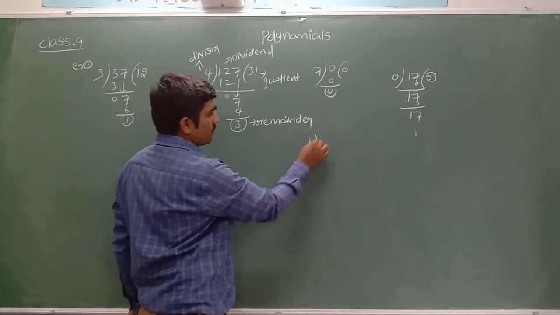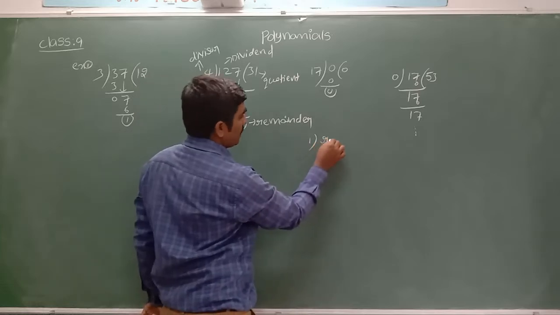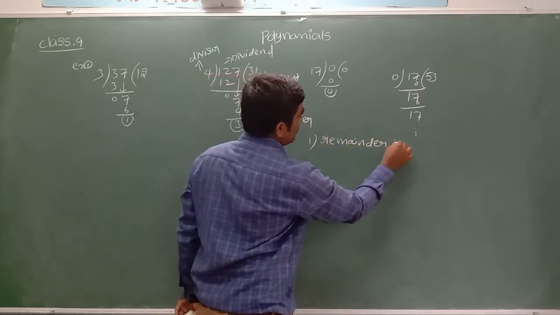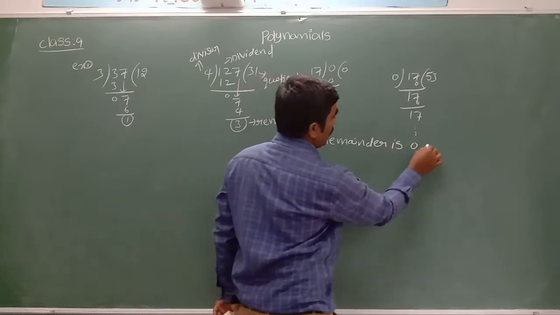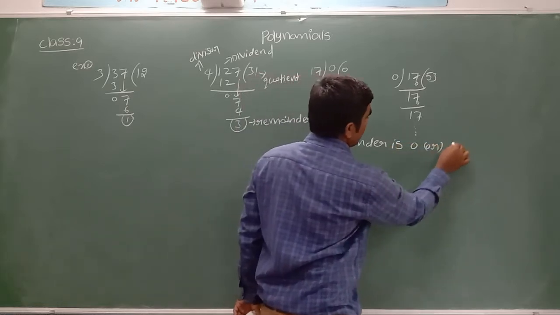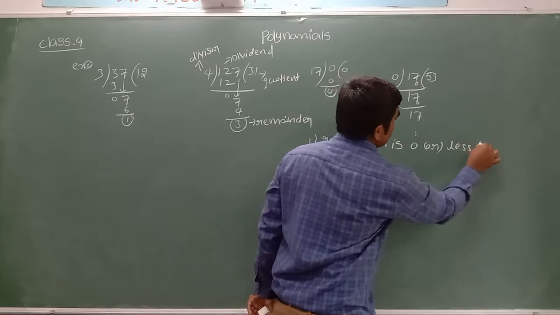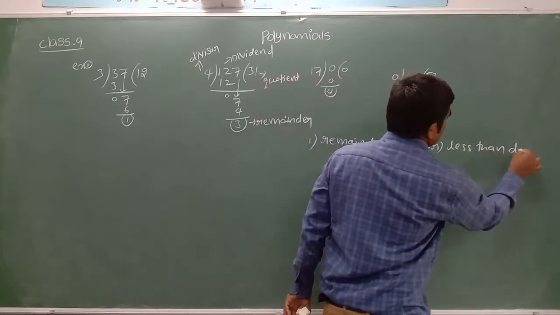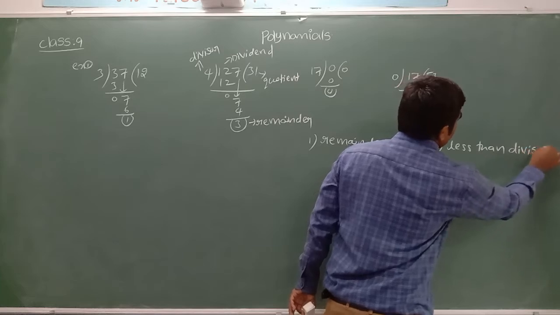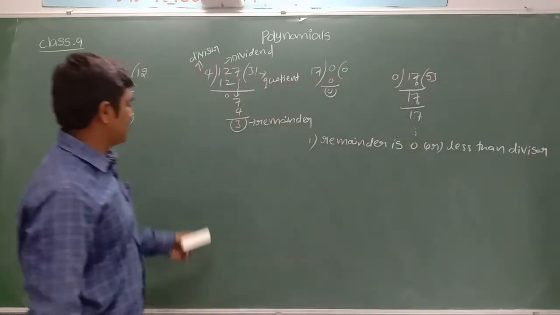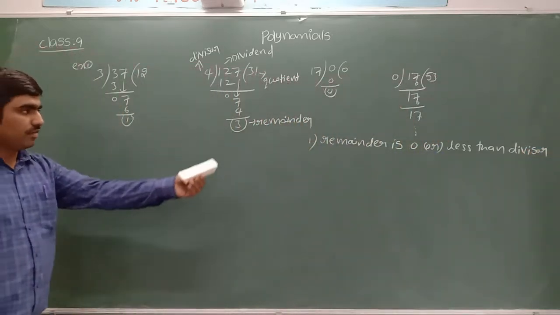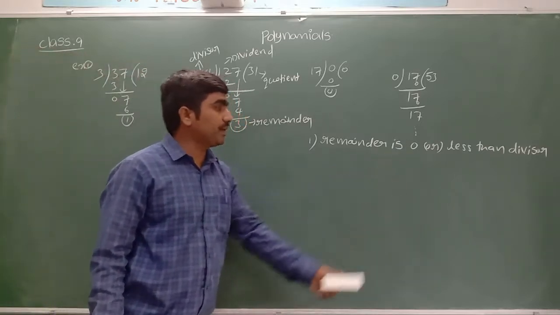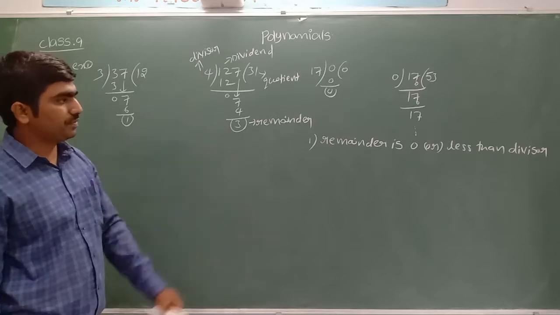So in divisions, what can we observe? The value of the remainder is 0 or it is less than the divisor. Whatever division you take, we get remainder either 0 or non-zero. If it is non-zero, it must be less than the divisor value.